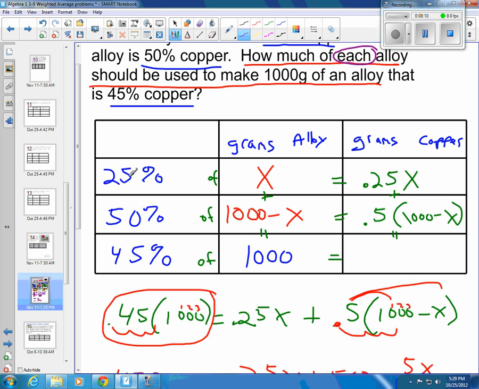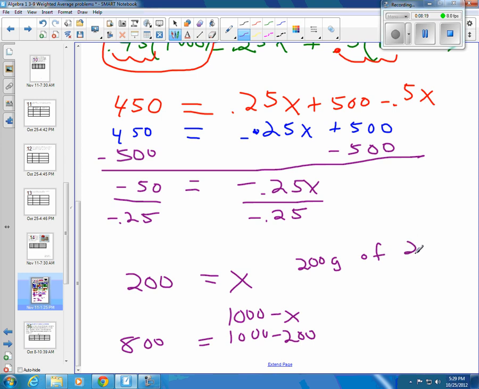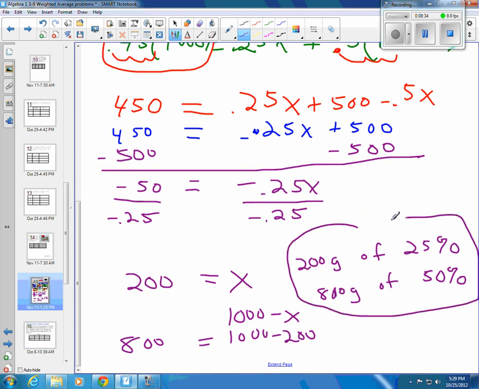So the first one is grams of 25%. So we have 200 grams of the 25%, and we have 800 grams of the 50%. And that is the total answer to the question being asked.